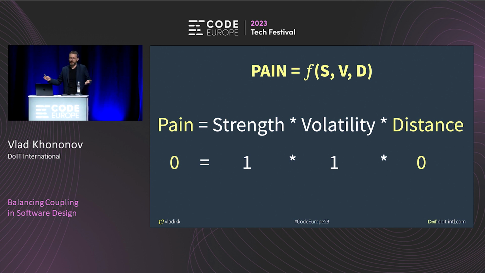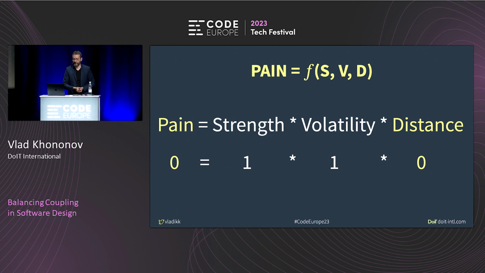You will never get anything lower. So in that case, if volatility is high as well, and strength is high, bring them closer, so that implementing those cascading changes won't require high coordination effort. In other words, this relationship is what we usually call cohesion.